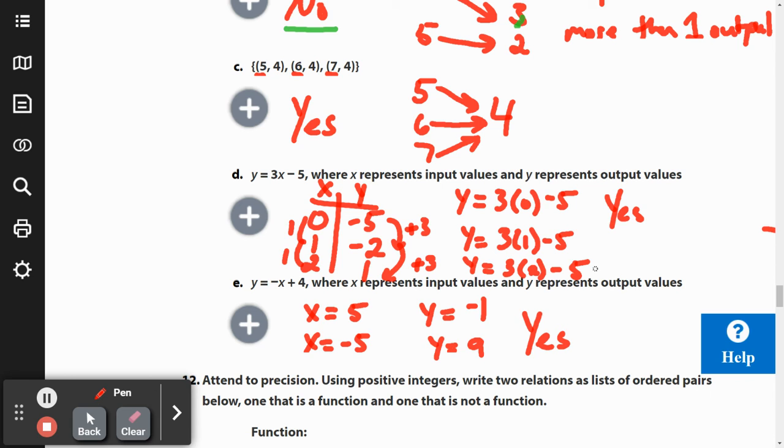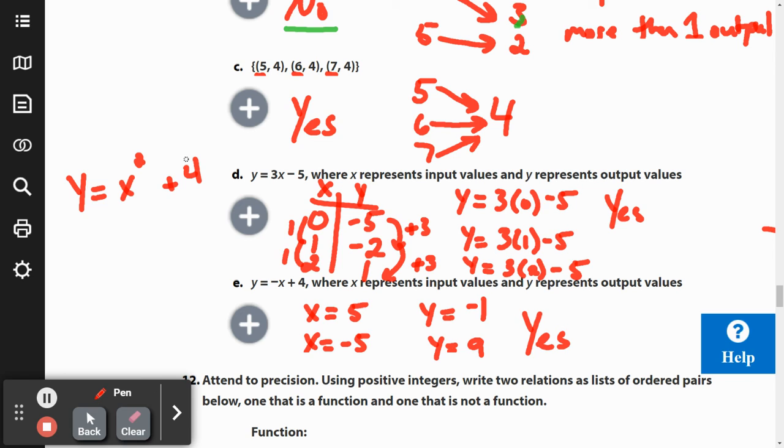When you have an equation, the only time you're going to get one that's not a function is if there's an exponent involved. For instance, you have y equals x squared plus 4.